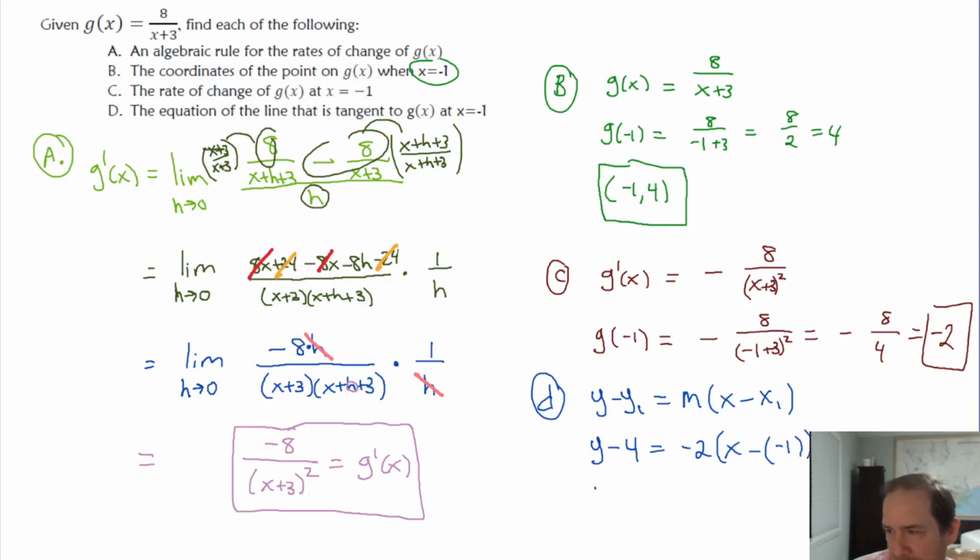And now we're just cleaning this up. This will be a y minus 4. If I distribute a negative 2 in, I'll get negative 2x. Now negative negative was a plus, then you hit it with a minus, it goes back to minus 2. Then you add 4, and we get our final answer of y equals negative 2x. We're adding 4, so we'll end up with plus 2.